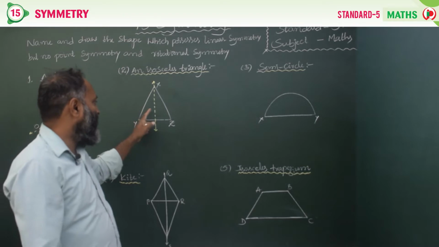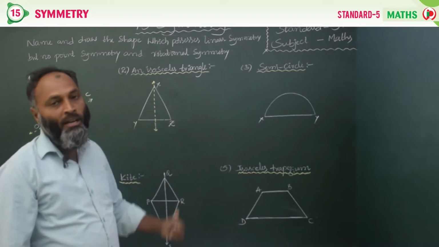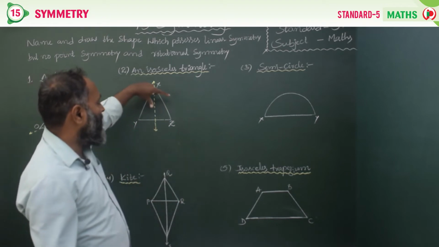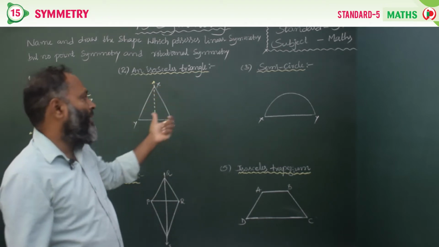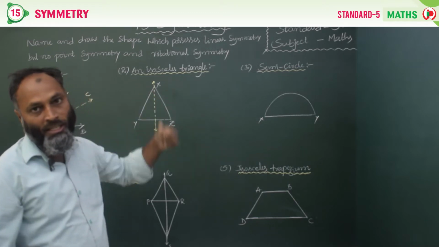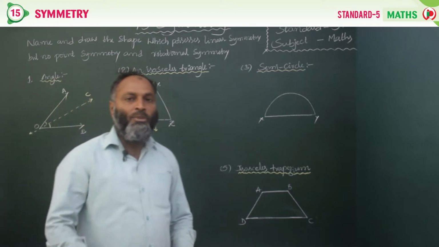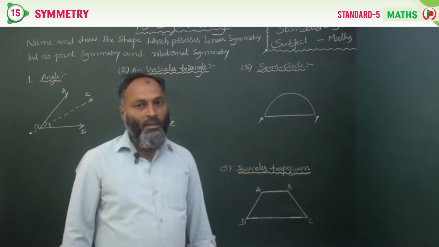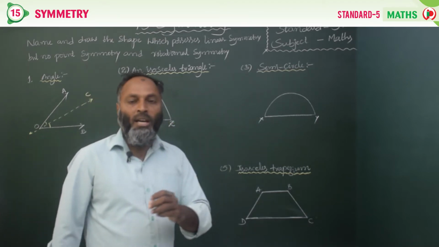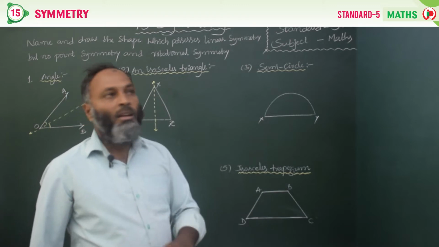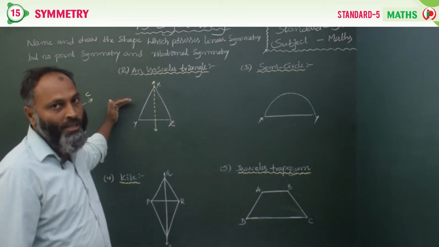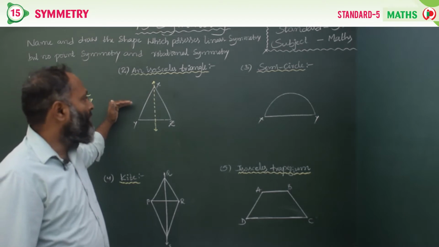Here we do not have any point of symmetry and we do not have any rotational symmetry. If you turn it at 90 degrees, you get another shape, at 180 degrees another shape, and at 270 degrees another shape. You are not getting the same shape of an isosceles triangle at 90, 180, 270 and 360 degrees.